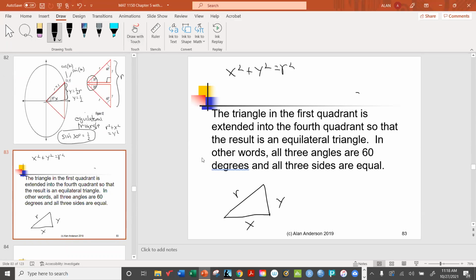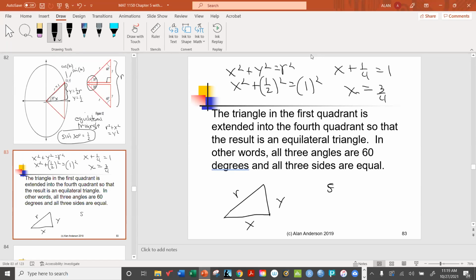But again, we know that y is 1/2 and r is 1. That's better. X squared plus 1/4 equals 1. X squared equals 3/4.